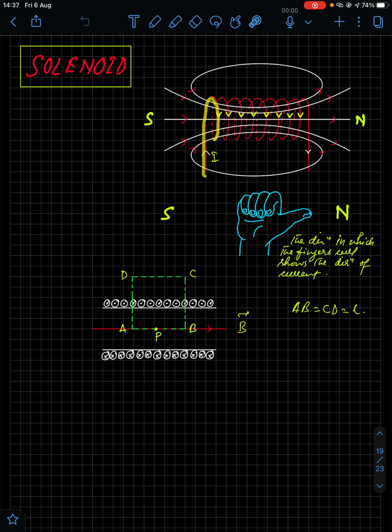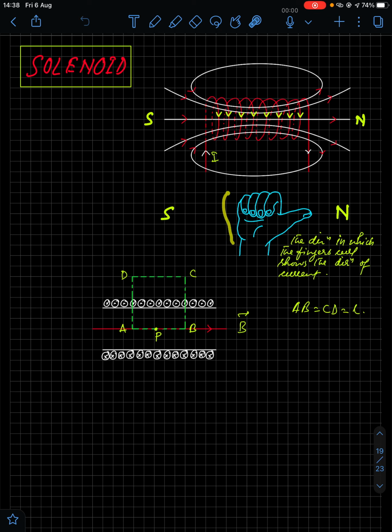Current is entering through this end, and on the face which is above the plane of the screen, the current is flowing downwards, right? And behind the plane of the screen, in the dotted lines, the current is going upwards. Now if you apply the right hand thumb rule, the fingers curl along the direction of the current.